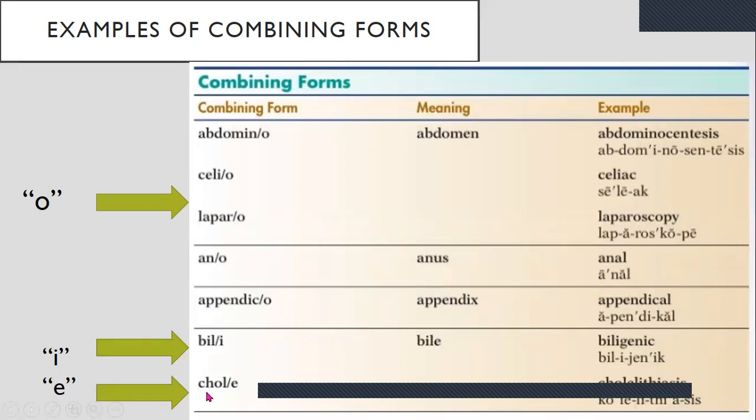You notice you're going to have an I. So bile becomes biliogenic. And chole, which we're going to have an E, is going to become, let's look at this word, cholelithiasis. Okay?